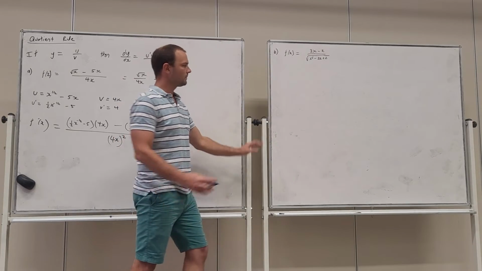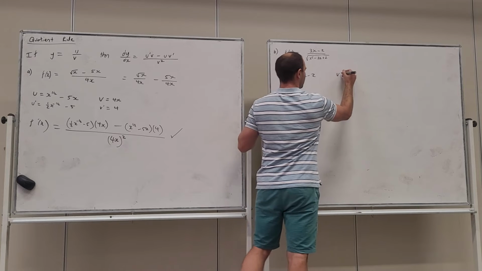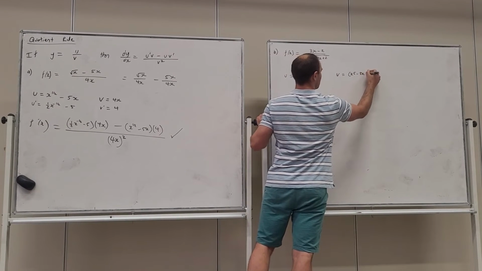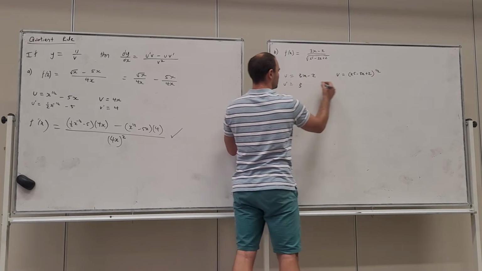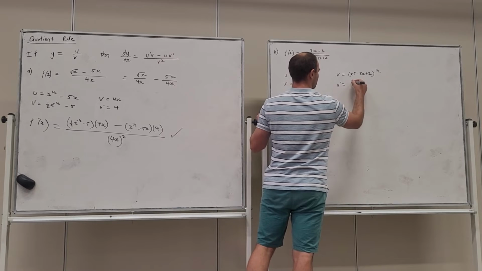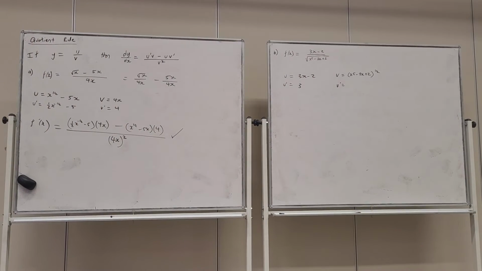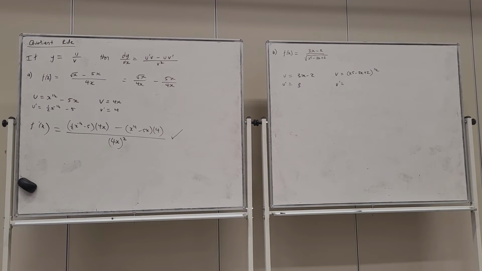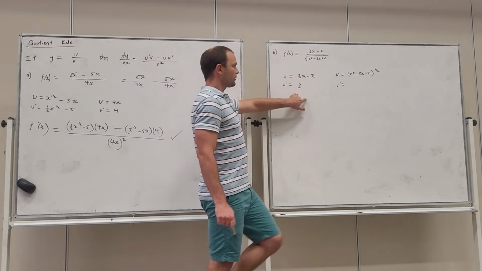Okay, let's jump up here. We can see u pretty clearly, 3x take 2, and v is what's at the bottom. Now, u dash is pretty straightforward.